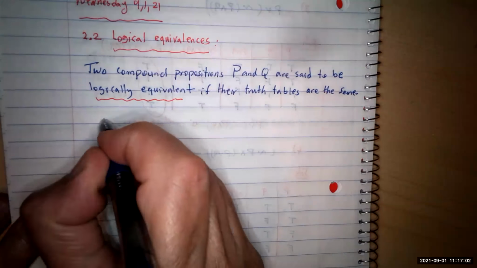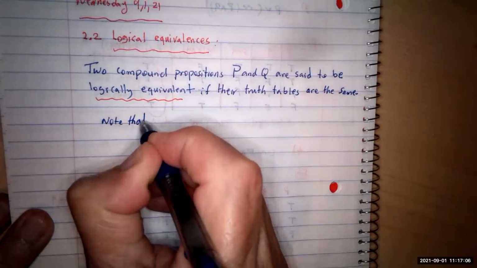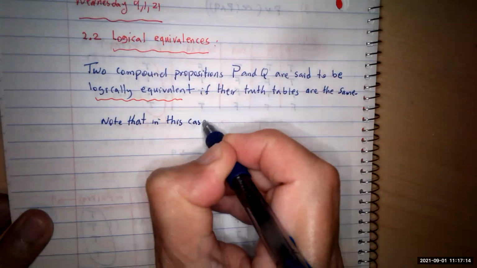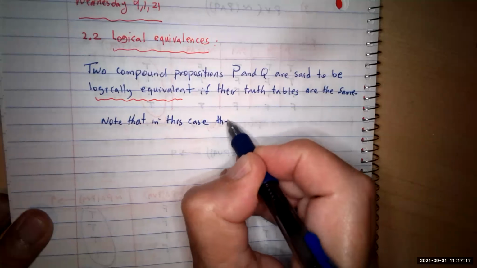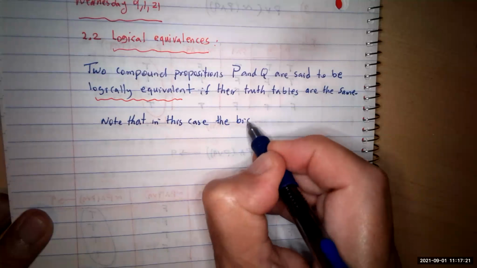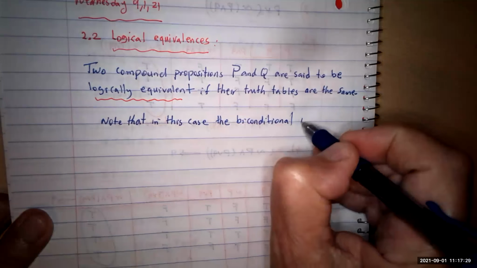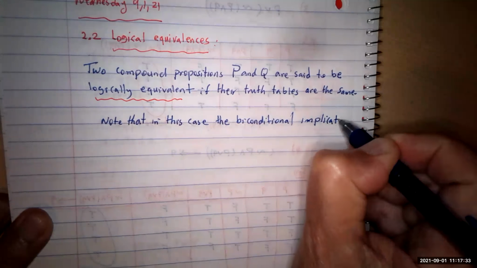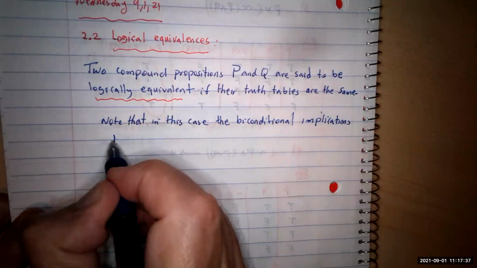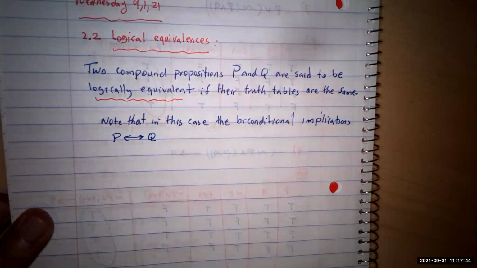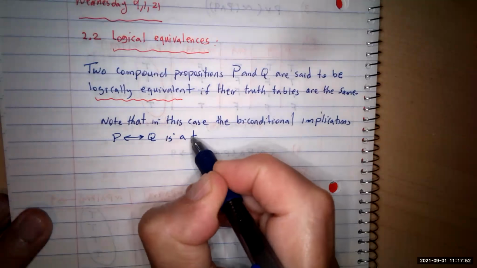The notation we're going to use: note that in this case, the biconditional implication, remember, P if and only if Q, is going to be a tautology because they have the same truth tables. So it is a tautology if they have the same truth tables.